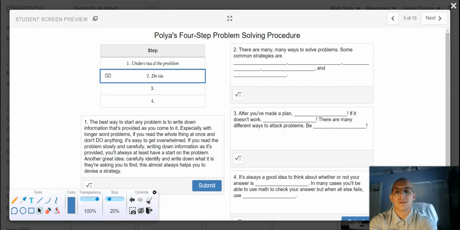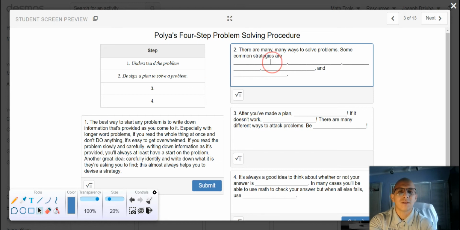Design. Design a plan to solve a problem. There are many ways to solve problems. Some common strategies include drawing a diagram. That's always a good start.